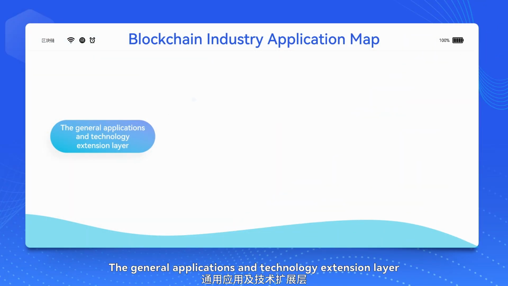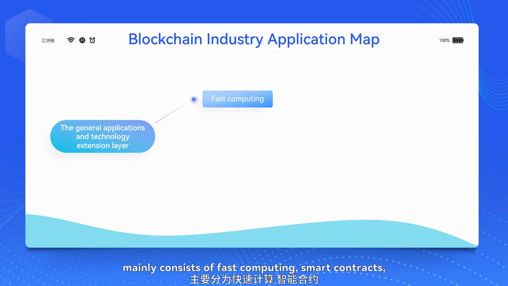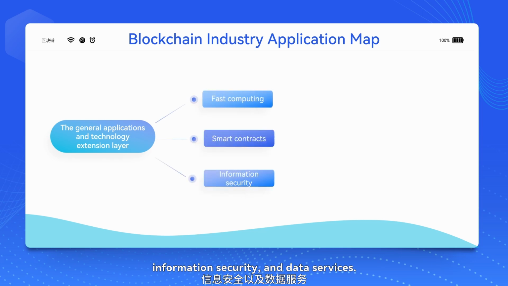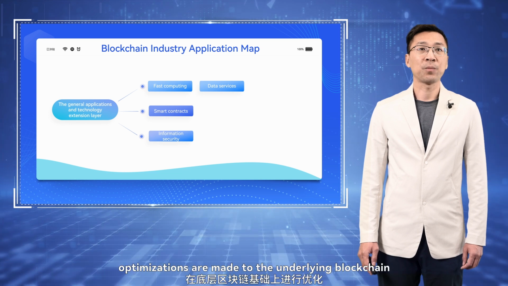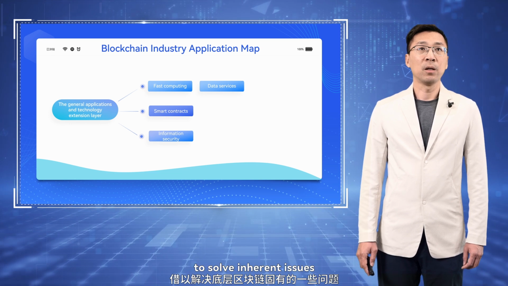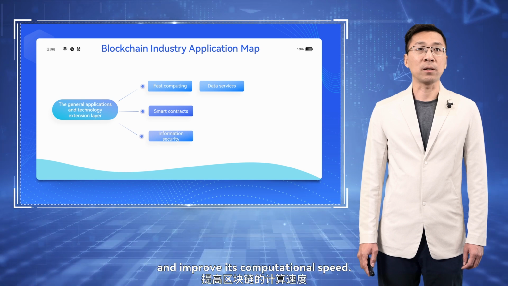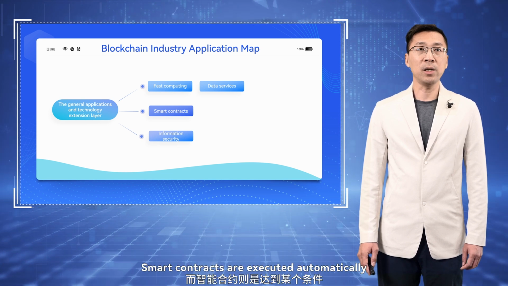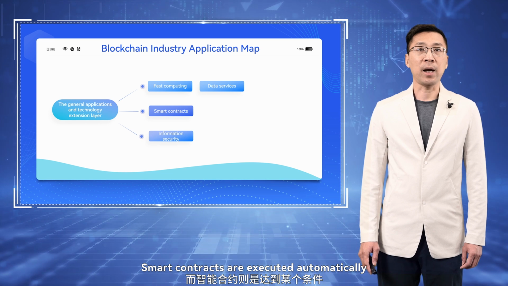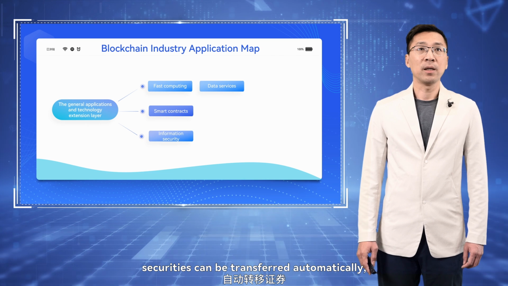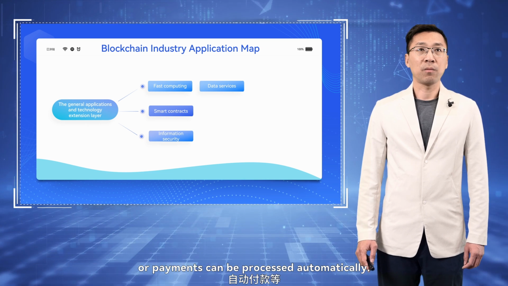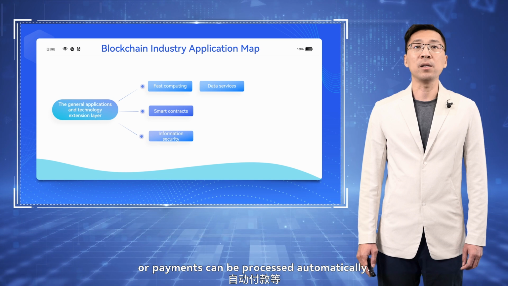The general applications and technology extension layer mainly consists of fast computing, smart contracts, information security, and data services. In terms of fast computing, optimizations are made to the underlying blockchain to solve inherent issues and improve its computational speed. Smart contracts are executed automatically when specific conditions are met. For example, securities can be transferred automatically, or payments can be processed automatically.